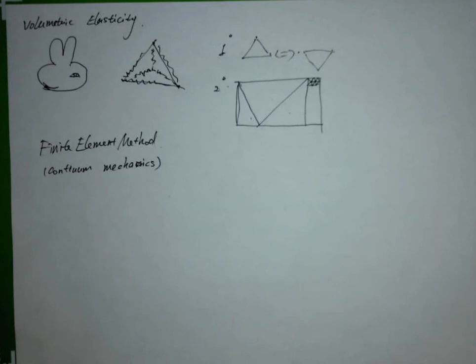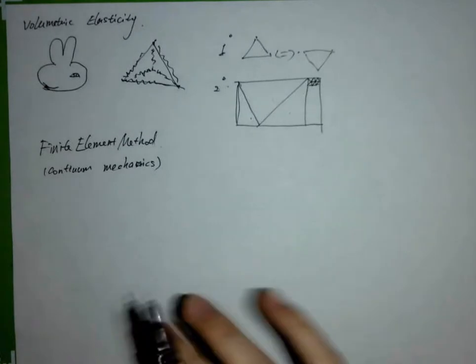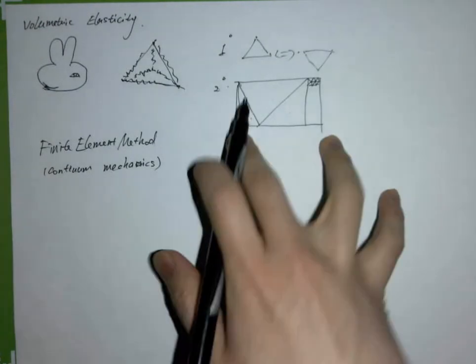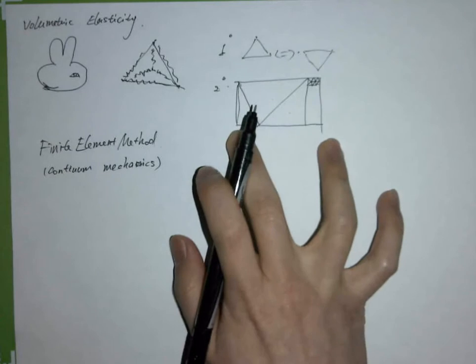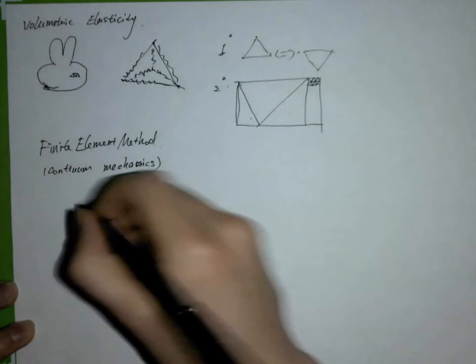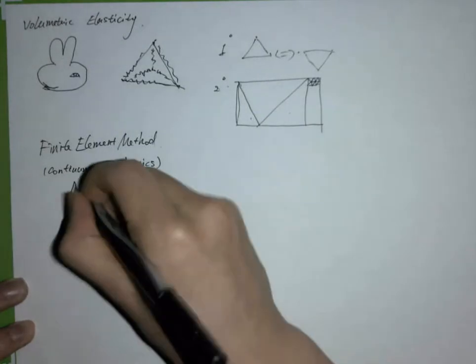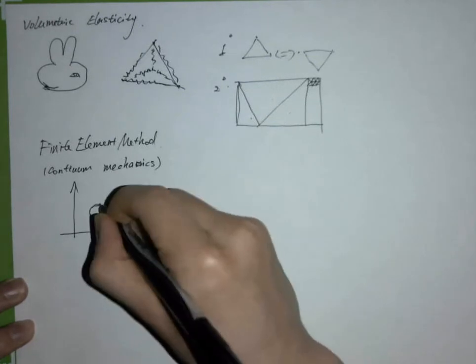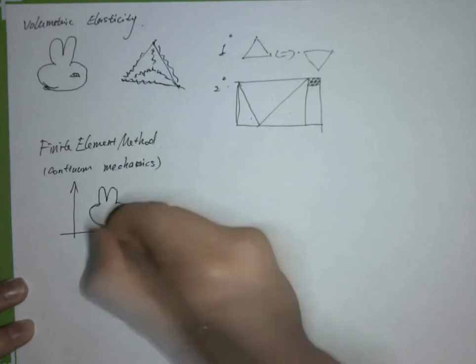Great. So this is the concept we imported from continuum mechanics, and the basic idea is to discretize the entire mesh into small triangles or small tetrahedra, and use those triangles and tetrahedra as single elements to simulate our entire simulation. So let me also draw my favorite bunny example.